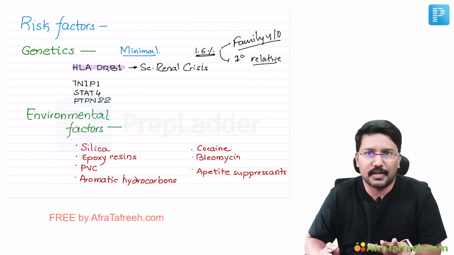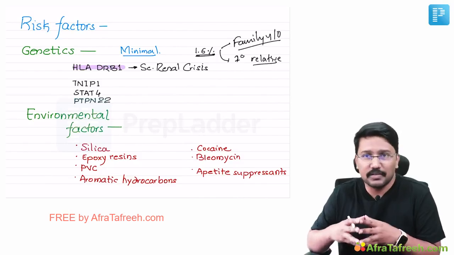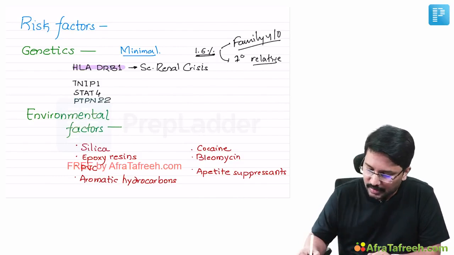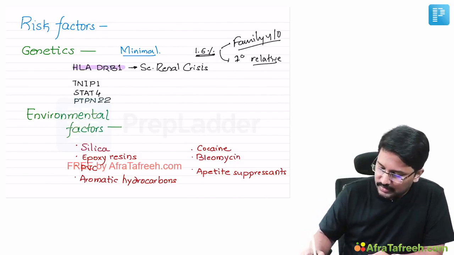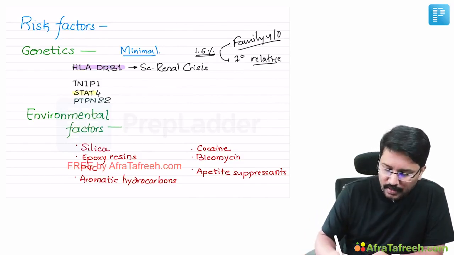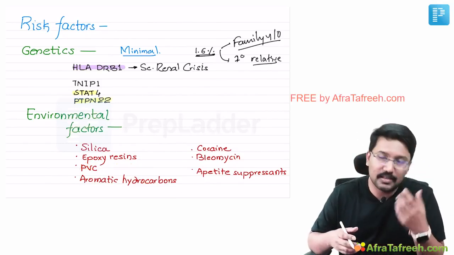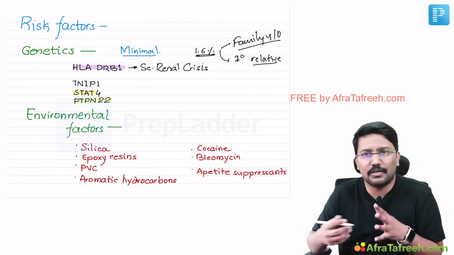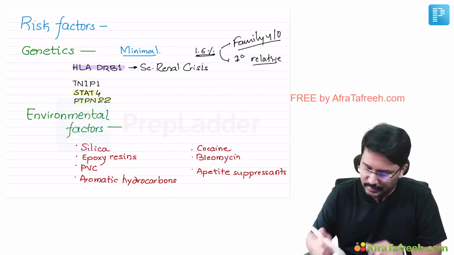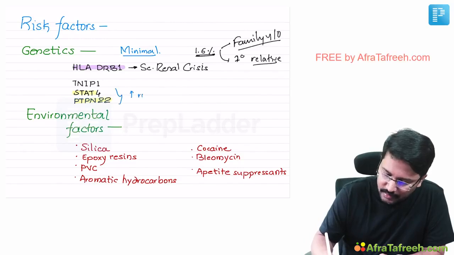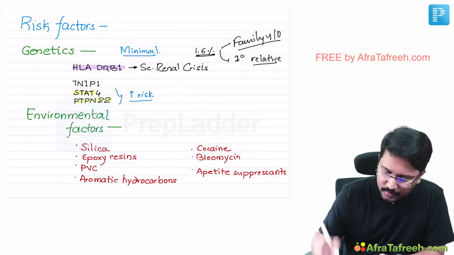Okay. Apart from that, there are certain non-HLA genes which are also associated with higher risk of developing systemic sclerosis, and that includes two classical examples, STAT4 and PTPN22. You are very much familiar with these two genetic loci because they are associated with various other autoimmune disorders. It is not specific to systemic sclerosis, right? Presence of these increases the risk of developing scleroderma.